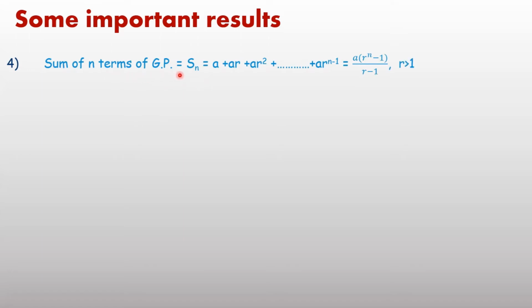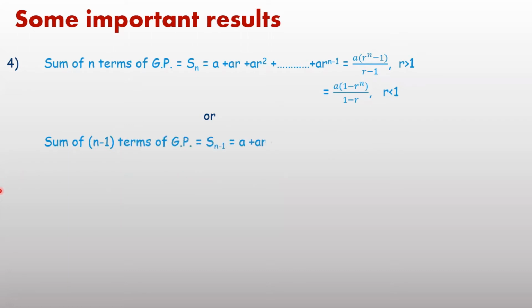The sum of n terms of a GP is Sn = a + ar + ar^2 + ... + ar^(n-1), where a is the first term and r is the common ratio. We can write it as a(r^n - 1)/(r - 1) if r is greater than 1, and if r is less than 1, then the formula is a(1 - r^n)/(1 - r).